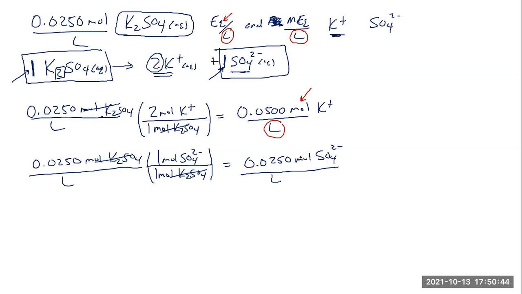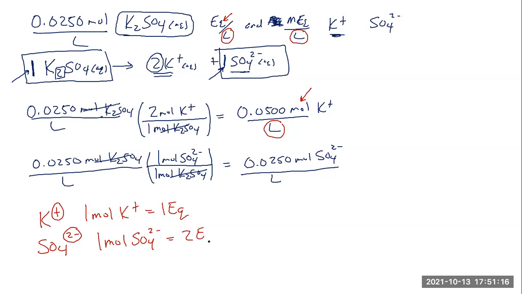To do that, we use the relationship that we just talked about. We know that K plus has a +1 charge, which means for 1 mole of potassium ions, there's 1 equivalent. We can also come up with that relationship for sulfate, which has a -2 charge, which means 1 mole of sulfate gives us 2 equivalents.